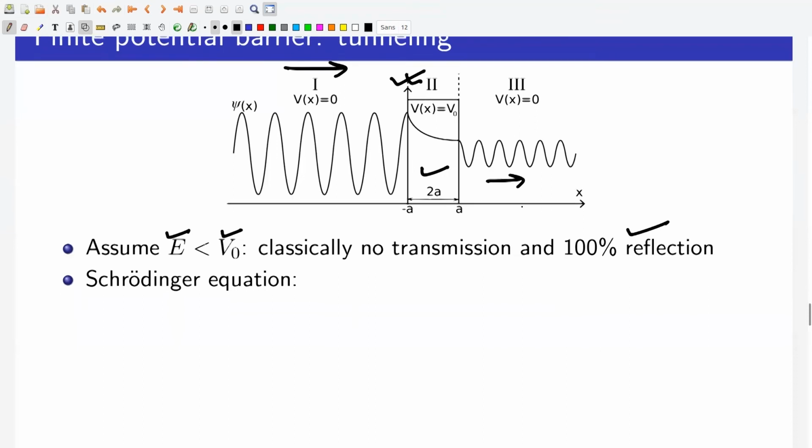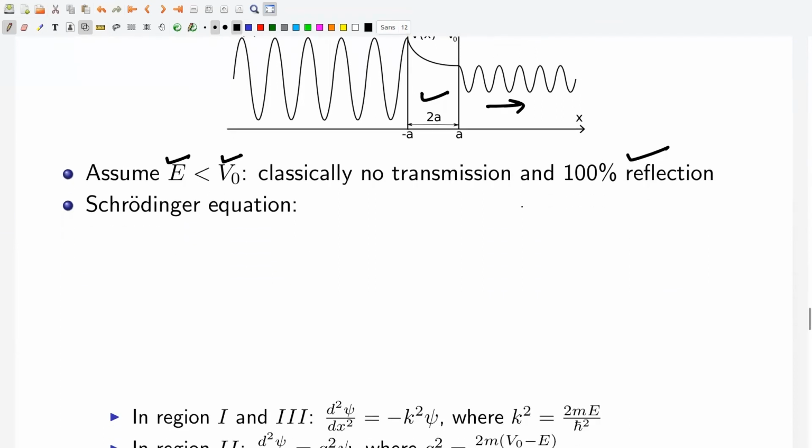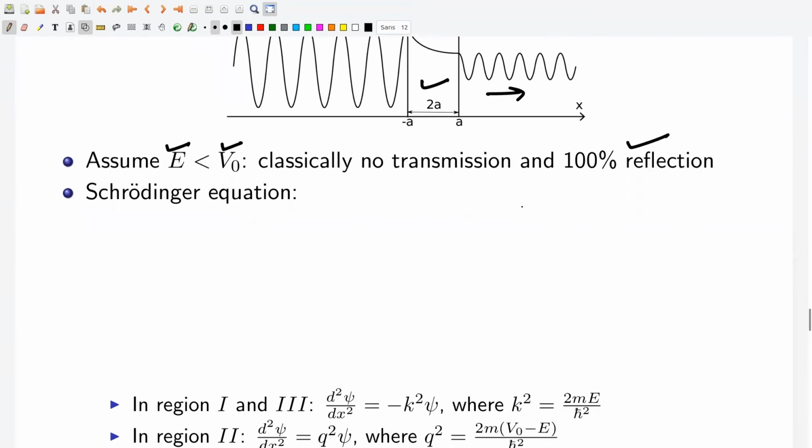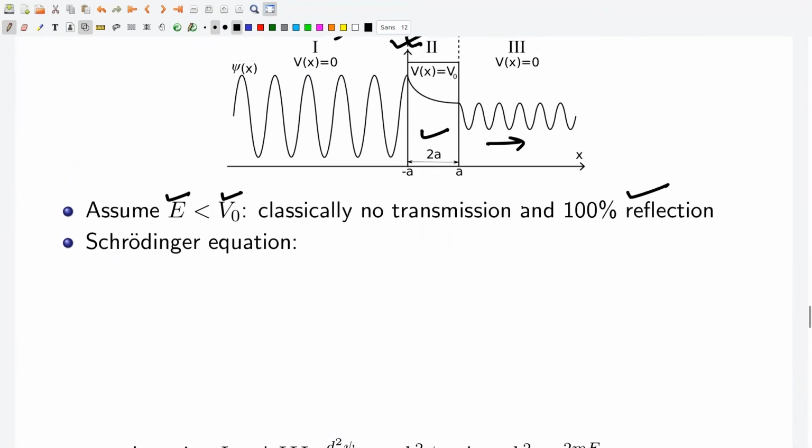Now, let us write the Schrodinger equation in region 1 and region 3. In region 1 and region 3, V is equal to 0.